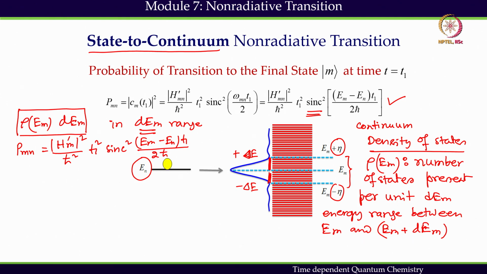This is the probability of transition to each state, and we have this many states. That's why the total transition probability, for transferring the population to this many states, will have ρ(E_m) multiplied by ρ(E_m) dE_m.